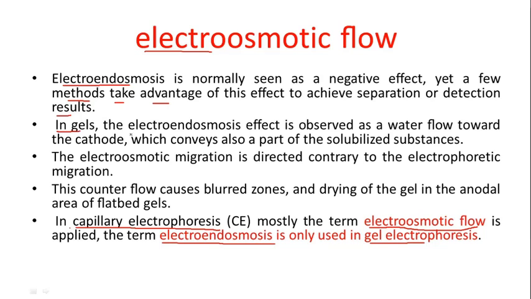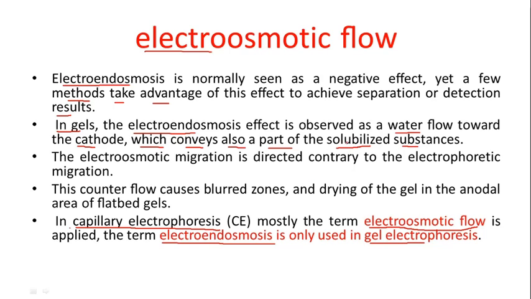In the gel, the electroendosmosis effect is observed as a water flow towards the cathode. If the electroendosmosis process is too high, the water flow takes place towards the cathode, due to the accumulation of positive ion clouds, which also conveys a part of the solubilized substances.